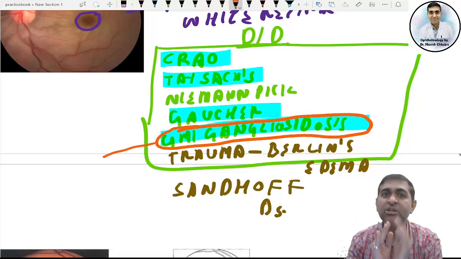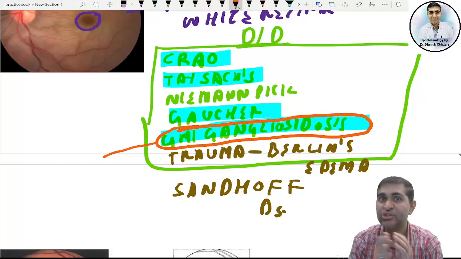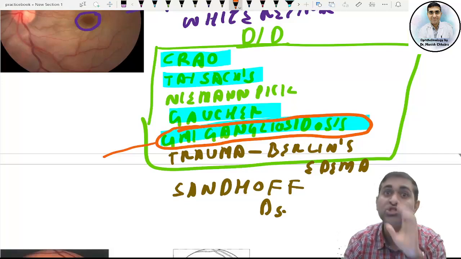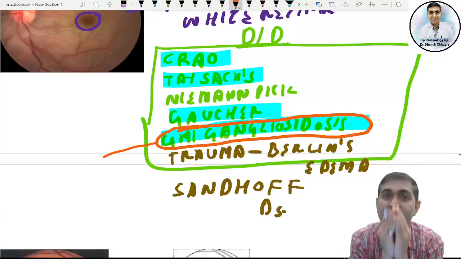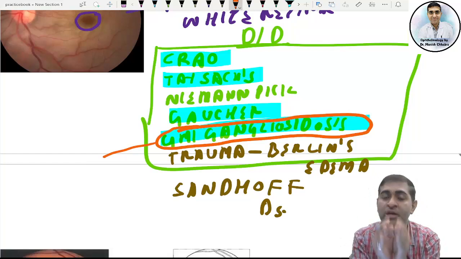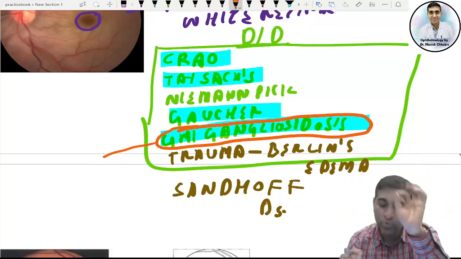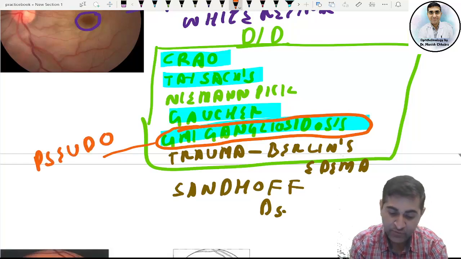Of course, it is a little controversial. Some books mention that in Gaucher disease there is a pseudo cherry red spot which you have to pick. Some books say that GM1 gangliosidosis, Yanoff, which is the Bible of ophthalmology, mentions that GM1 gangliosidosis has a pseudo cherry red spot, while GM2 gangliosidosis has a true cherry red spot. So here the answer will be GM1 gangliosidosis.